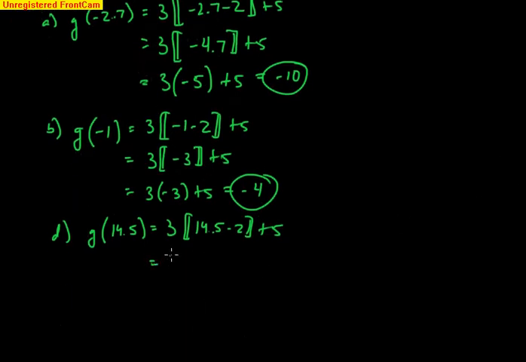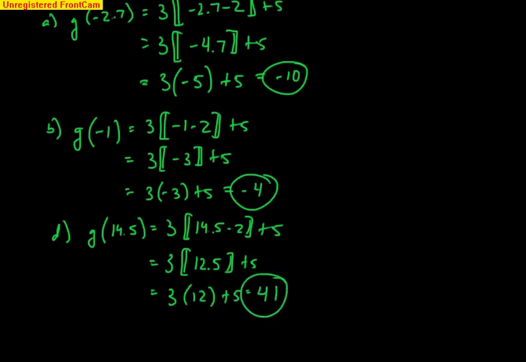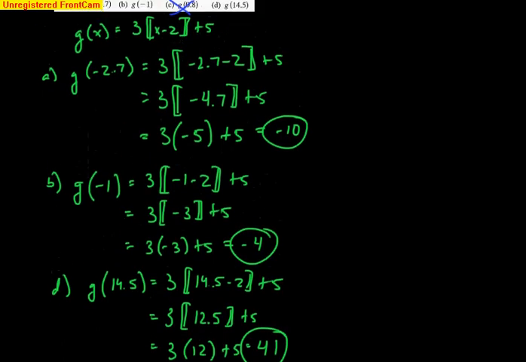If we take this, this is 3 times the greatest integer of 12.5. We're looking for the greatest integer less than or equal to 12.5. That would be 12. This is 36 plus 5. That's 41. And there's how you evaluate a greatest integer function.